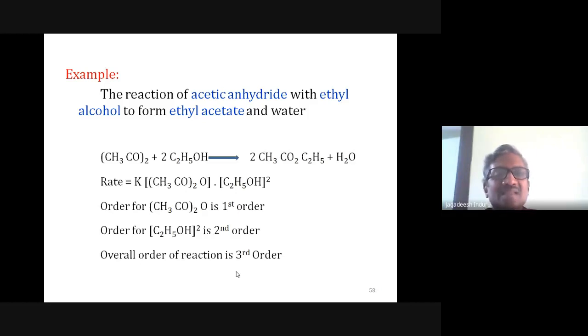The order for the concentration of acetic anhydride is 1, that is first order. The order for the ethanol is second order. So the overall order is third order, and this equation involves the third order.